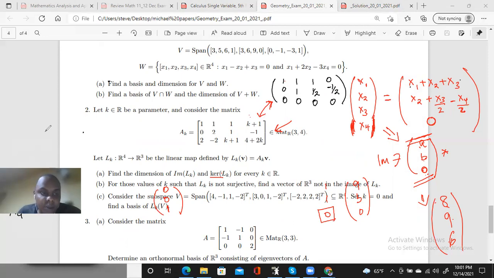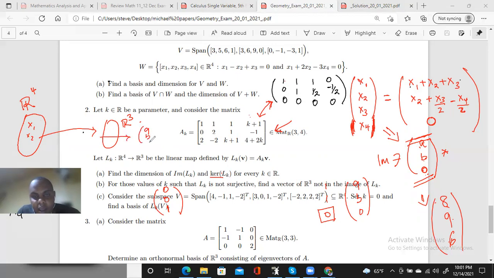And this is what L is doing. It's a function, right? It's taking a vector from R4 and taking that vector to R3. So if it takes a vector, let's say x1, x2, x4, it's taken to a vector of the form A, B, 0, right?